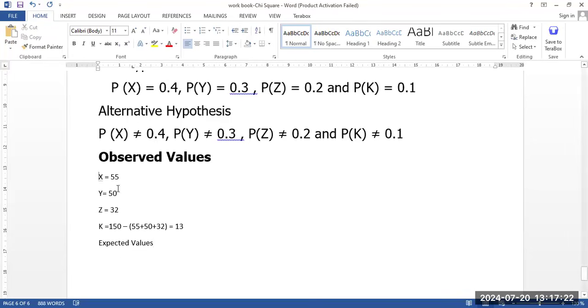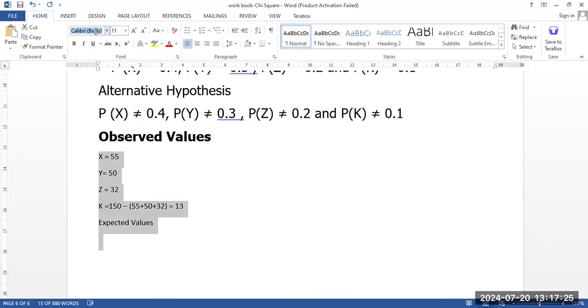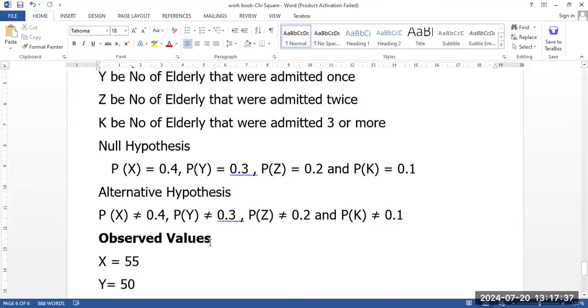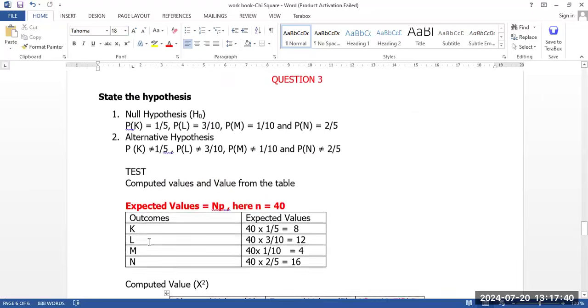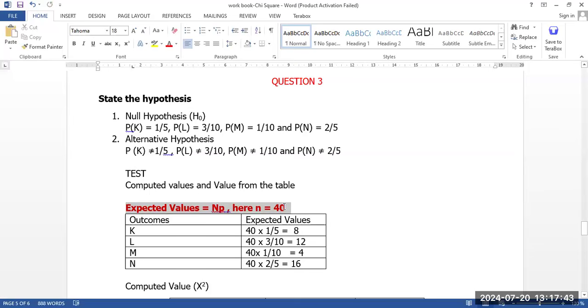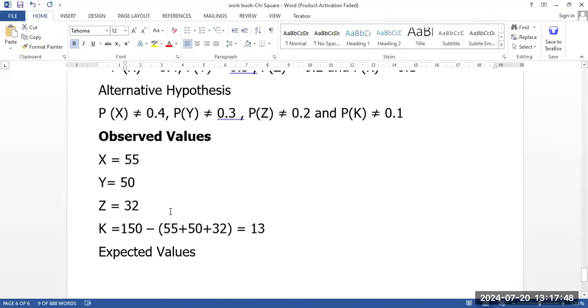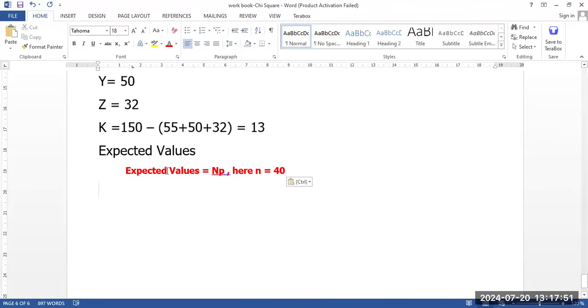You can get expected values. And how are you going to get the expected values? Use the same concept here. That expected value is equal to N times P, where N for this question, our N is what?